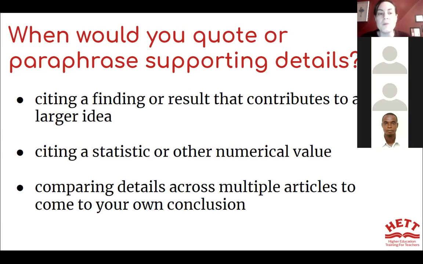But usually you paraphrase or quote only if it's something very, very important in the supporting details, something very detailed that you want. Otherwise, you're more likely to paraphrase or quote the main idea.